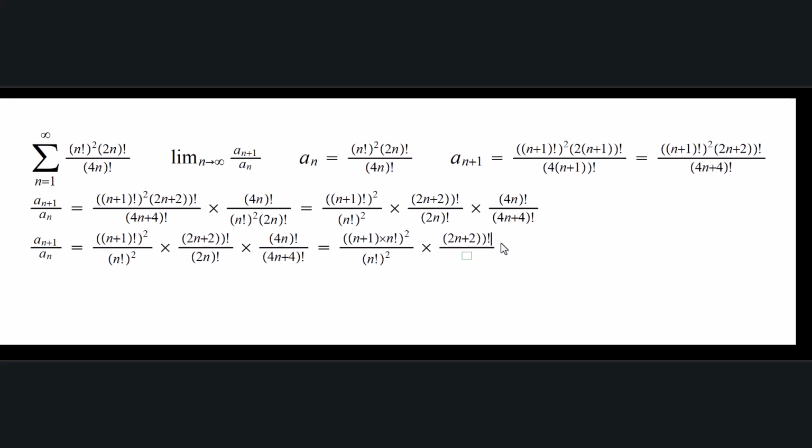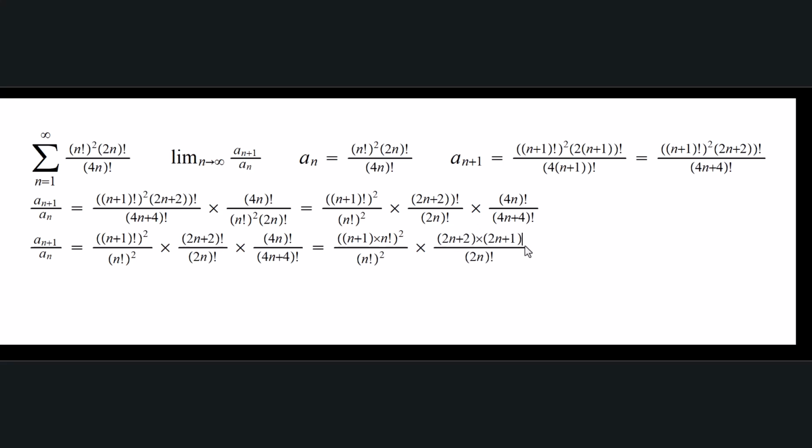We'll start expanding it, and then we'll stop when we have, here we have an extra bracket. All right, let me just put this here and erase this. In the denominator I have factorial 2n. In the numerator, when I'm expanding it, I get 2n plus 2 times 2n plus 1, and then times 2n factorial.